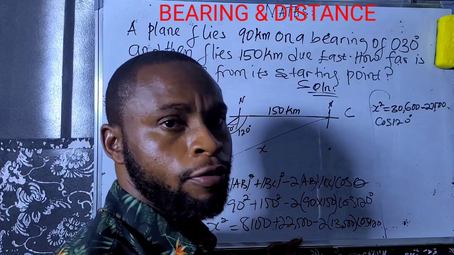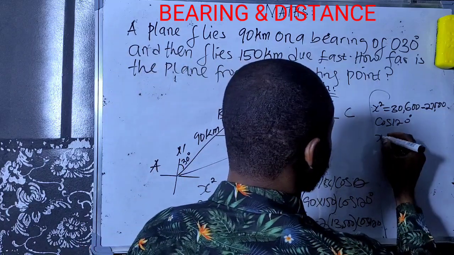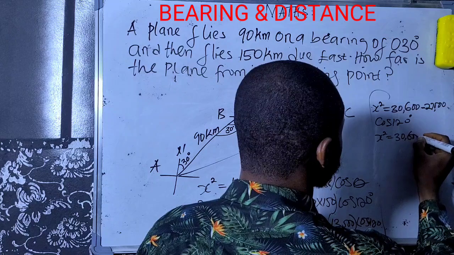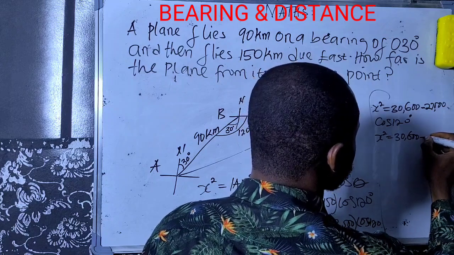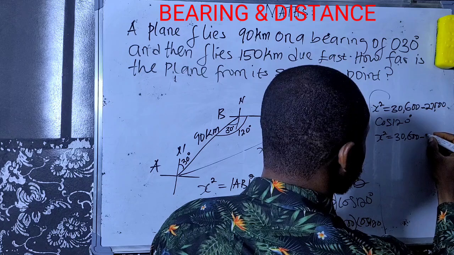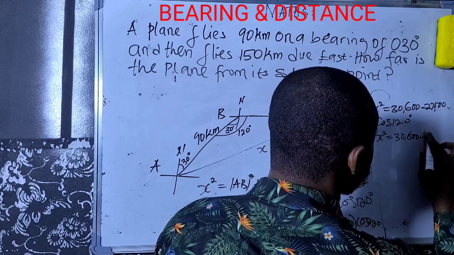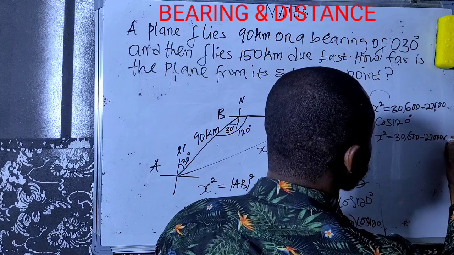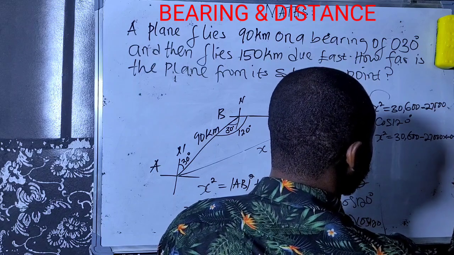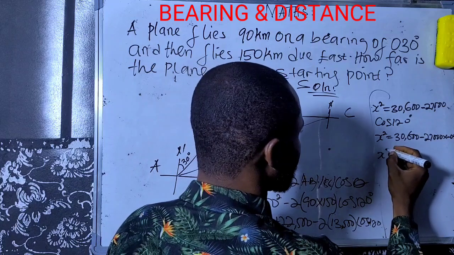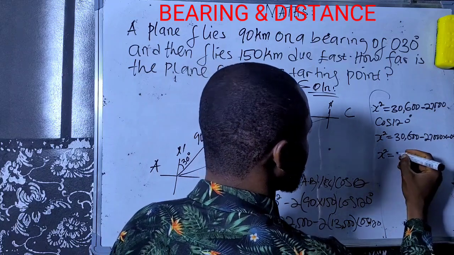When you simplify this further, you have that x squared equals 30,600 minus 27,000 multiplied by cos 120, and cos 120 is negative 0.5.